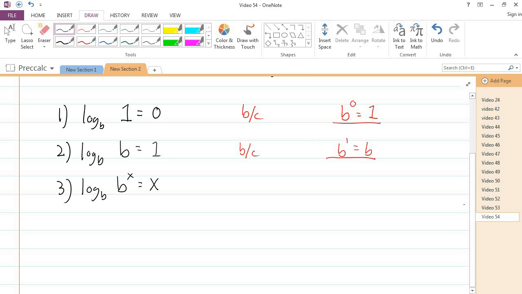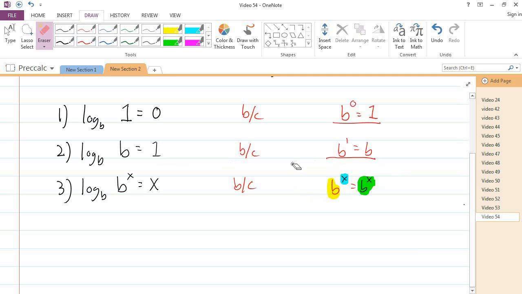Now this kind of comes from the fact that anything equals itself, and so if I use this as the base of my log, this as my exponent. Oops, that should be an x. There we go. Should be an x, and this is my answer. Okay. If I read this way, I can write it as this kind of logarithm.